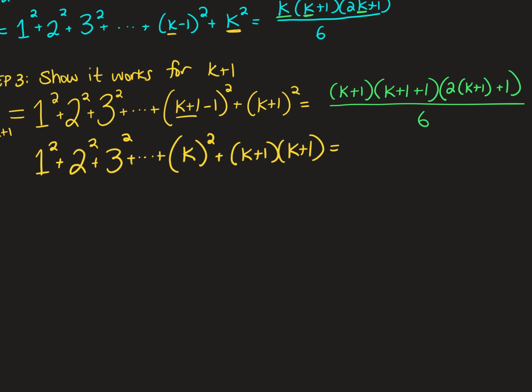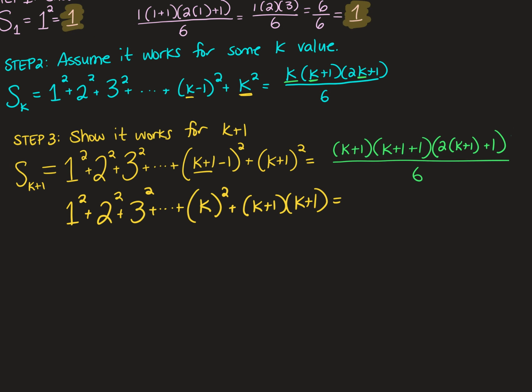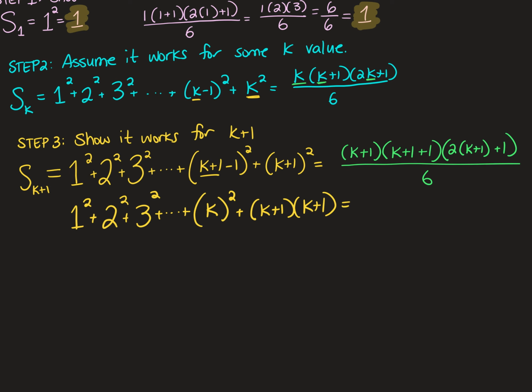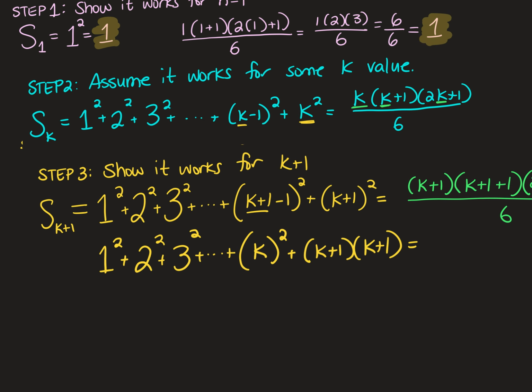But I want to pause right here. My goal is to try to simplify this left side. I don't know about you, but I have no idea what to do with the dot, dot, dot. I mean, that leaves a lot to the imagination. So I'm going to go back up to my assumption up above, which was that it works for some k value. And remember what we did in the last one.